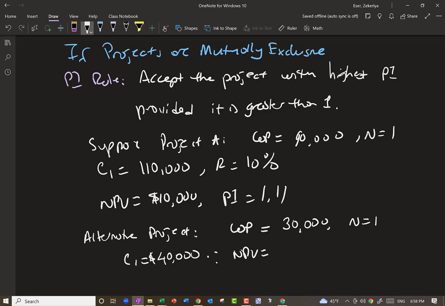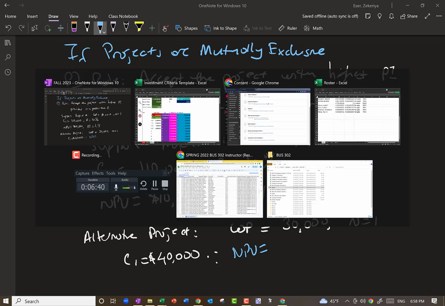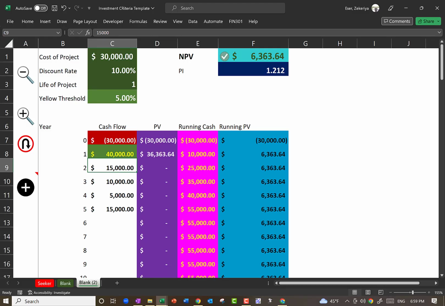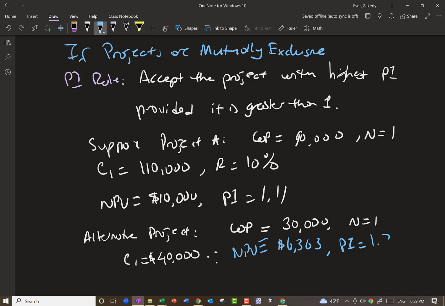This gives me an NPV of, in fact, let me do a different color. And you have colors, you might as well use them. $6.36. And PI of 1.21. So this is project A, this is project B.